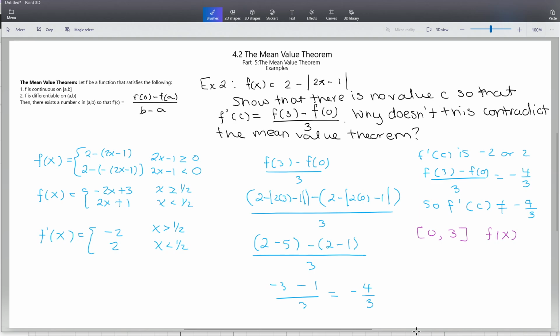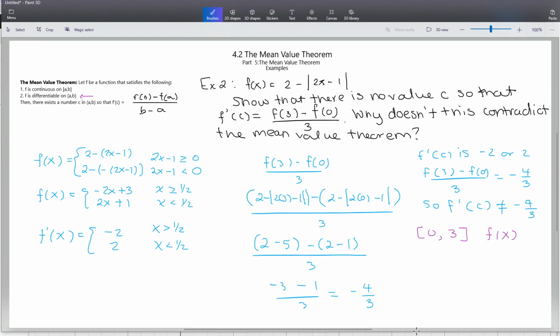If you look, f of x is continuous. We know that absolute value functions are continuous and constant functions are continuous. So the difference between them is continuous. That's not the issue. This is a continuous function. The issue is the second part, the differentiability.